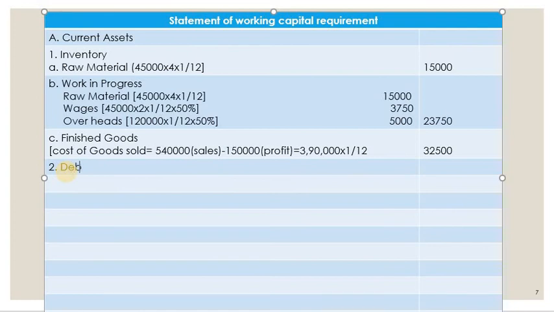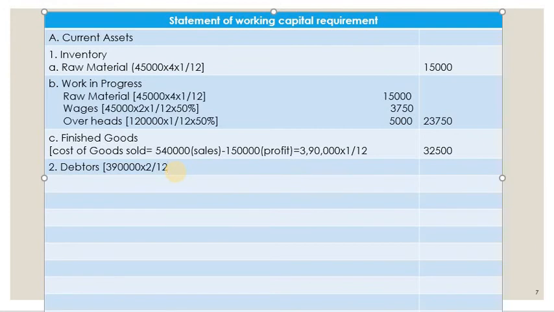So inventory is over. Next one is debtors. So how to calculate debtors? Again, debtors is calculated on cost of goods sold.